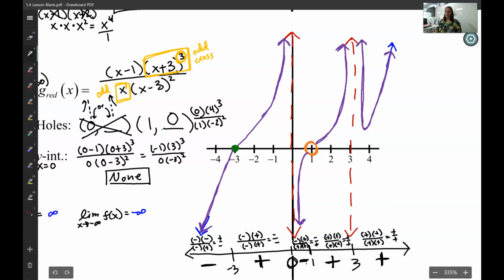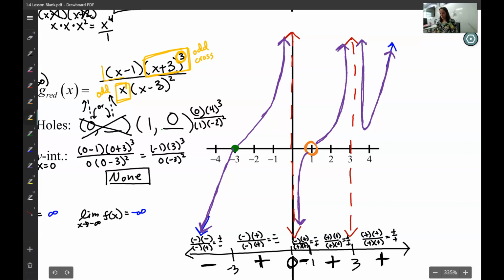That's what odd means for your asymptotes. Well, I knew that this one was going to have to cross through, so it was going to go up. So then from there I could infer that this one would have to go down, the opposite one, because it's odd.